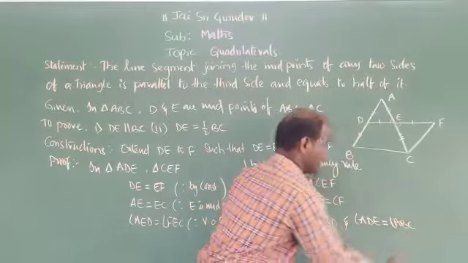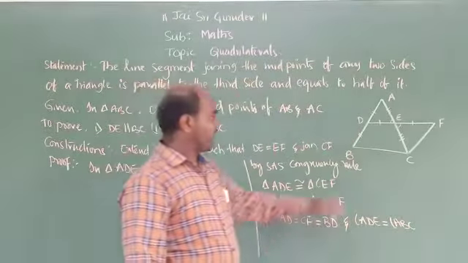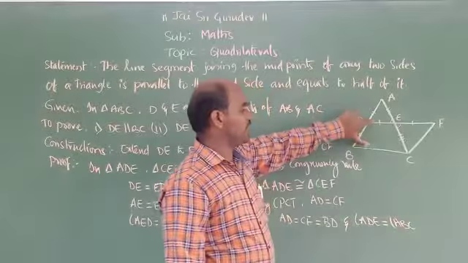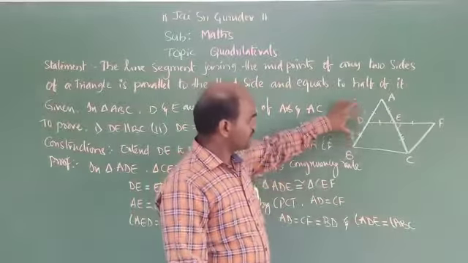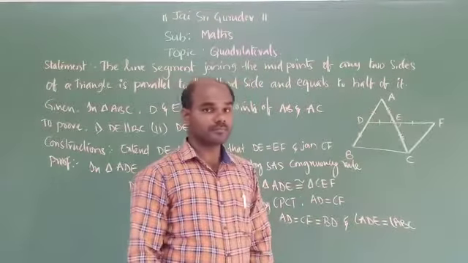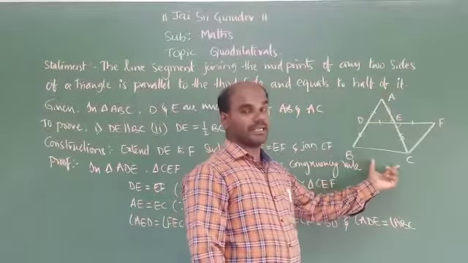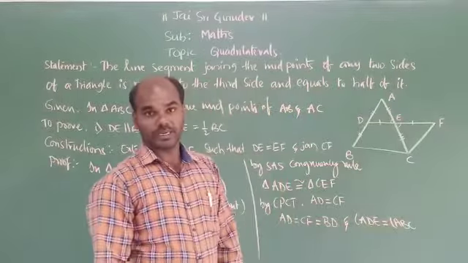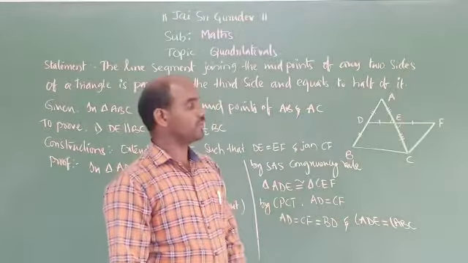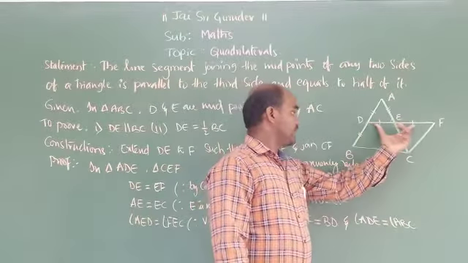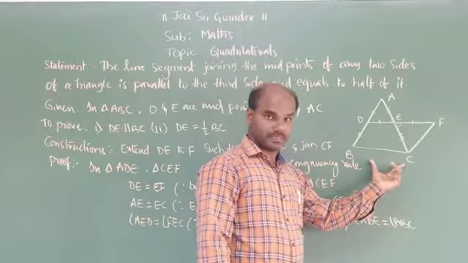When will these two angles become equal? When DF is parallel to BC, only at that time will they be equal. So now DF is parallel to BC.